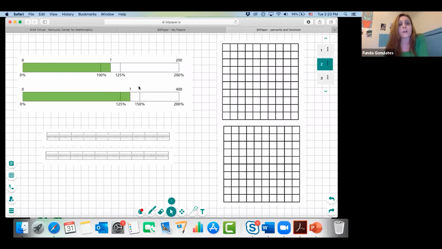Can someone tell us how I can carry this first representation to the hundredths grids representation I have here? We are going to carry this representation to this 10 by 10 grid. How can we carry it?